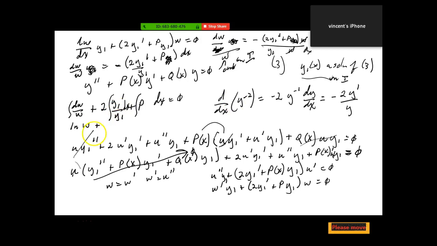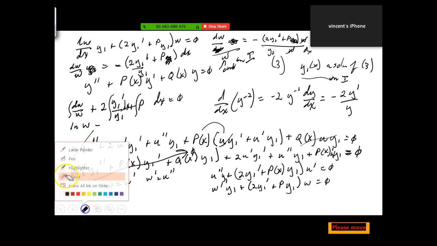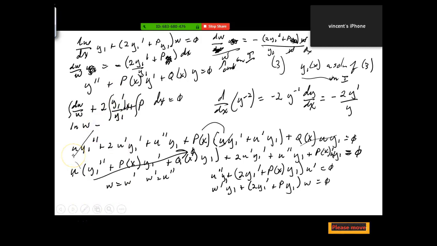So this would be a minus, where is my pen? Okay, so this will be a minus, and if the derivative of that is that, then the integral of this thing would be that, y to the minus 2.